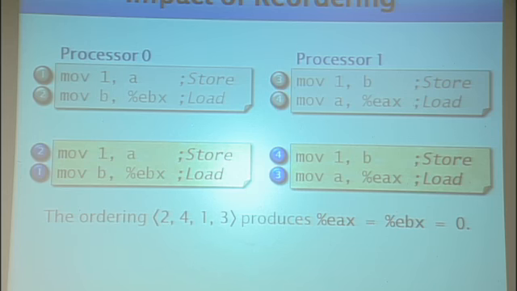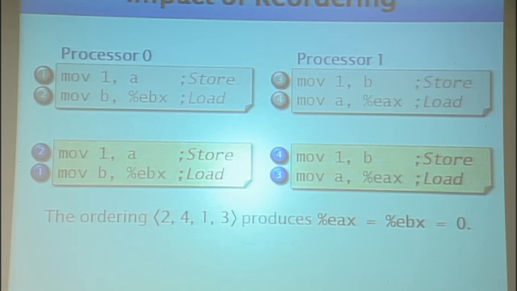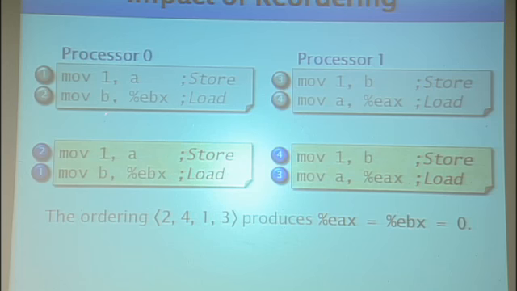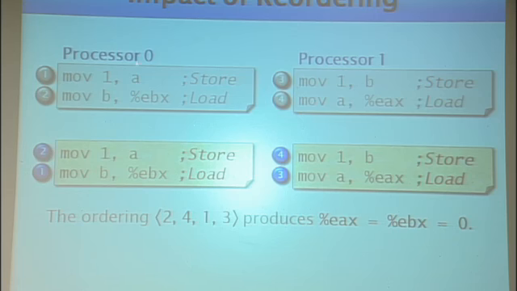Okay, so if I did 2, 1, 4, 3, ignore this thing. Suppose I do the order 2: I load B, then I load A, then I store A, and then I store B.